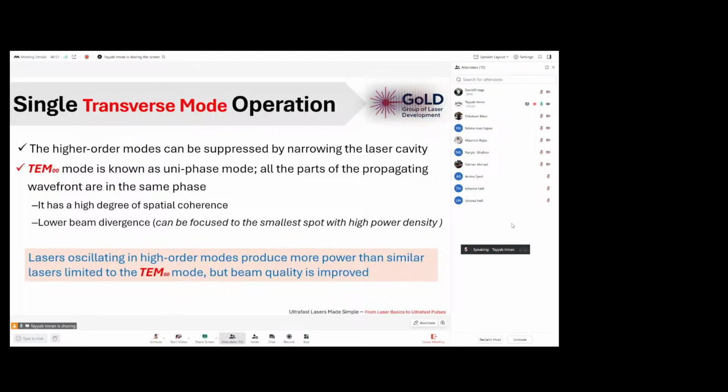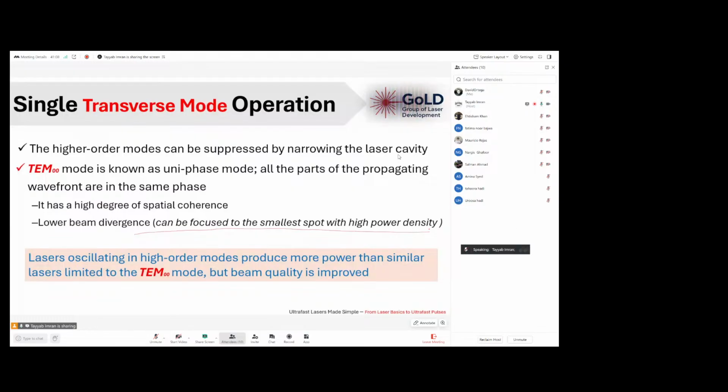As I mentioned, it can be used in very precise applications. These applications are like focusing the beam on a small spot, which is not possible if you have the higher modes.